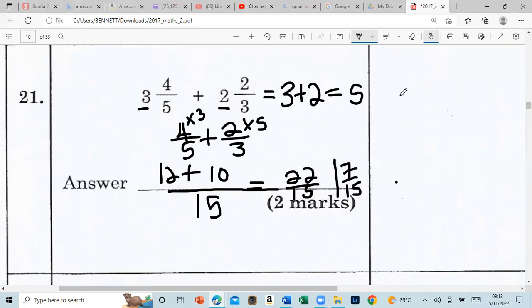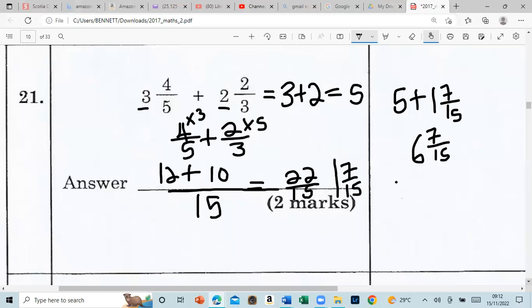So it will be 5, which is the whole number first, 5 plus 1 and 7 over 15. Well done, Trinidad and Tobago. Very nice question. So it will be 6 and 7 over 15. Alright, so that will be our answer, and you collect your 2 marks.